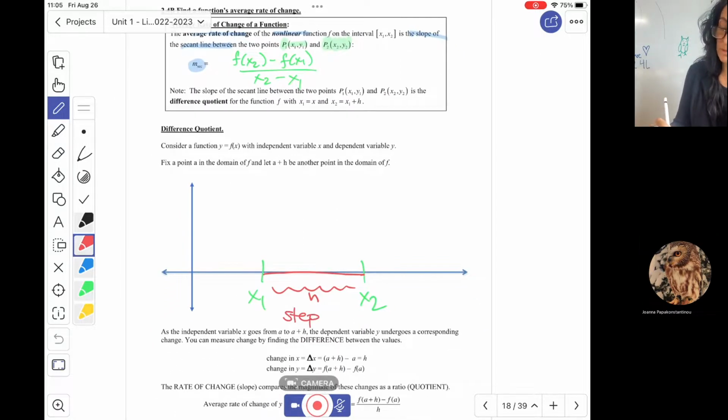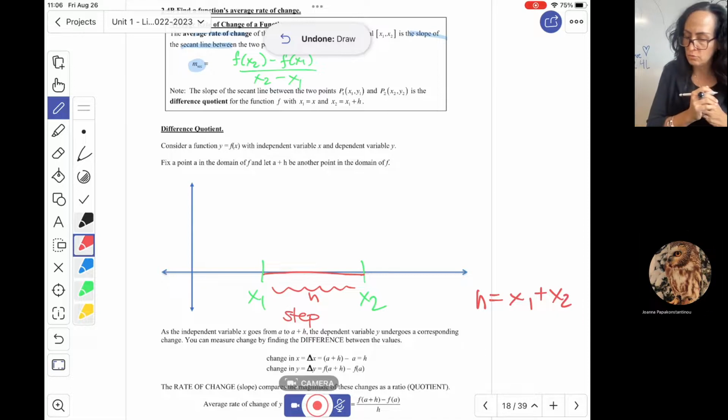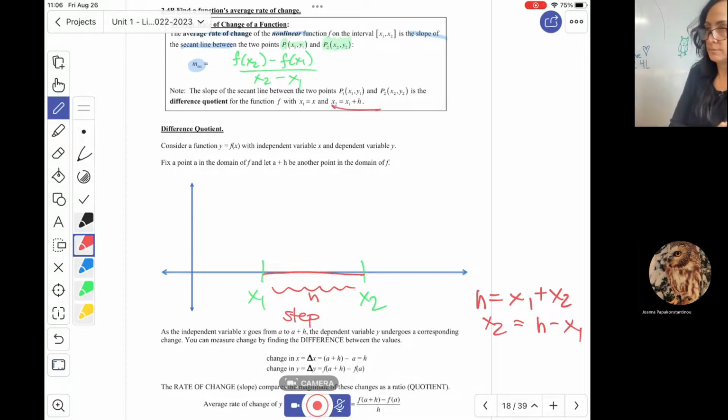That is actually your step length. You're taking a step from x1 to x2, and that length is h. So h equals x2 minus x1, so if I wanted to solve for x2, it would be x1 plus h. Fair? That's what this is saying.